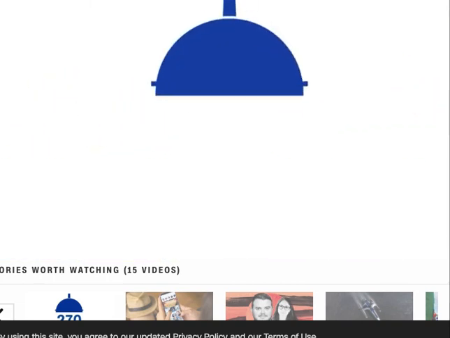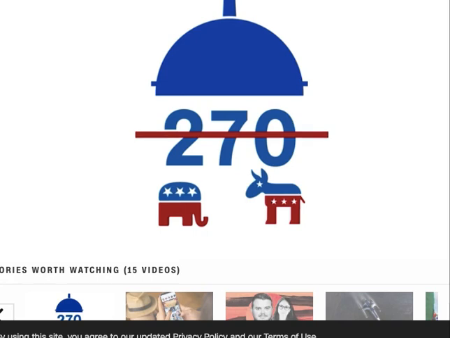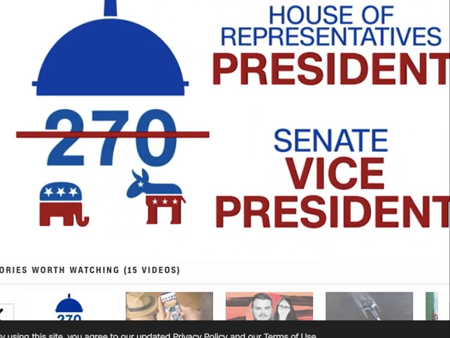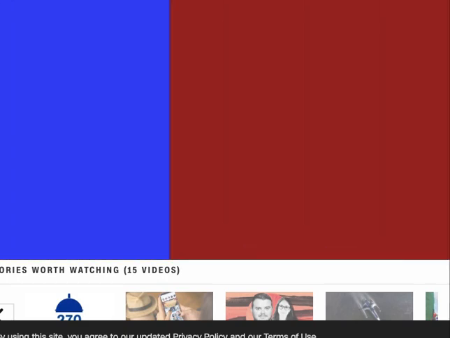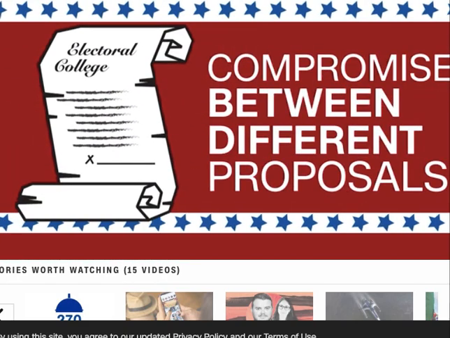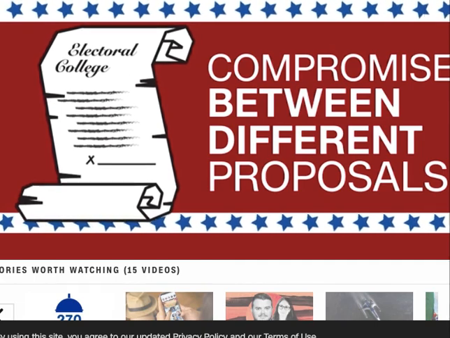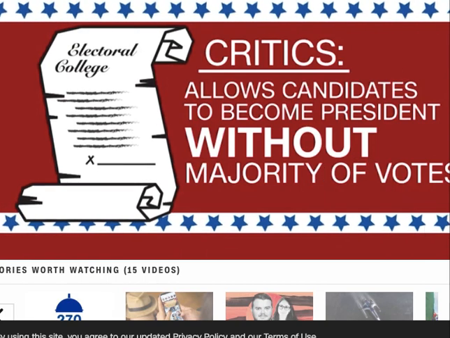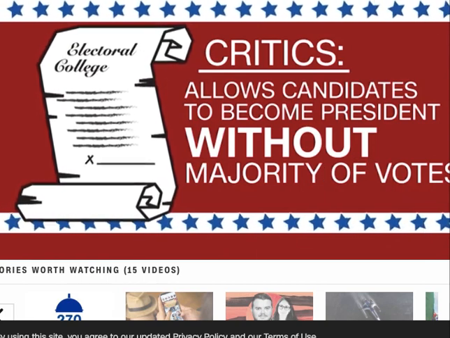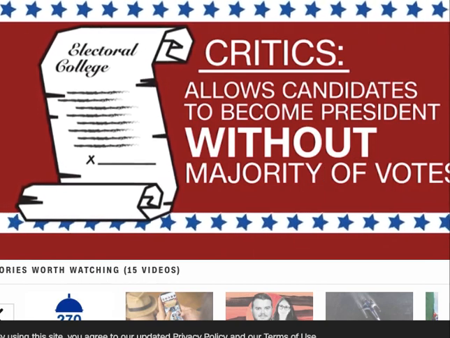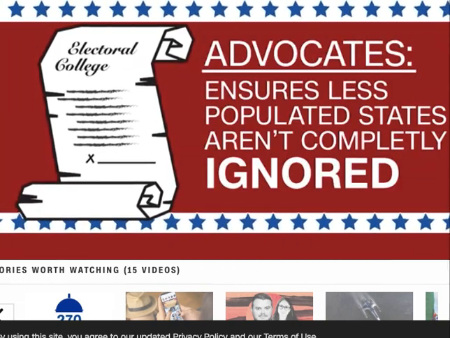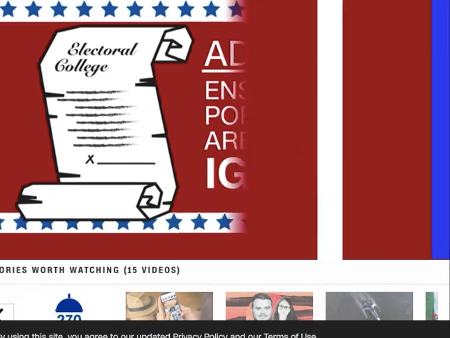If there is a tie, or if somebody doesn't get to 270, the House of Representatives appoints the president, and the Senate chooses the vice president. Why does this system exist? In short, the Electoral College was created as a compromise of several different proposals by the nation's founders. Critics say the system allows candidates to become president without necessarily securing a majority of voters' support, which happened in 2000. Advocates argue it ensures less populated states aren't completely ignored.